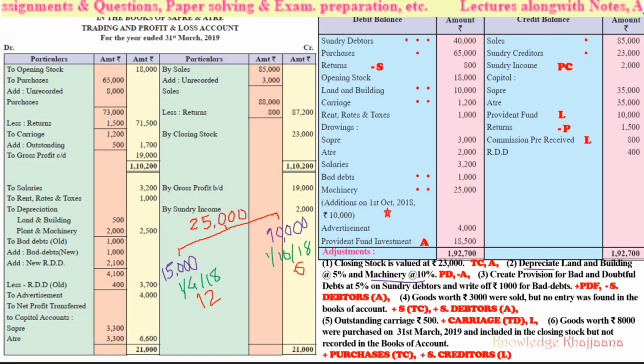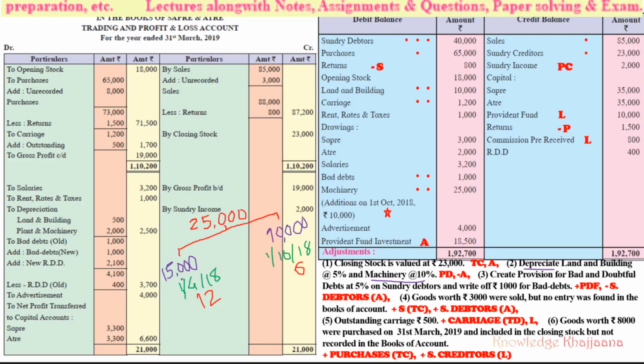So the machinery purchased on 1st October 2018 for rupees 10,000 is with them for the last 6 months. Now we have to calculate the depreciation. The rate of depreciation is 10%.